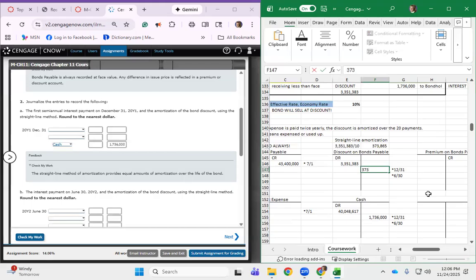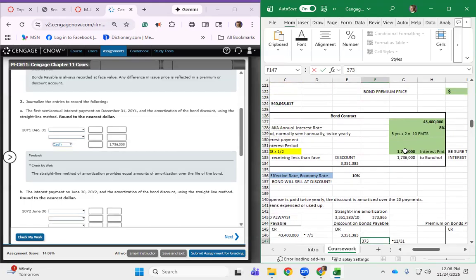The cash is the bond interest payment that we calculated. Okay, and there's quite a few things that you've got to keep track of.